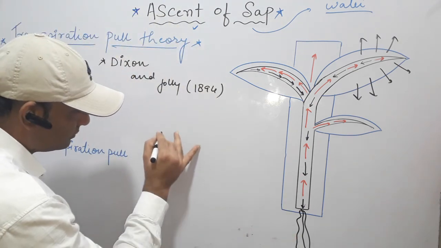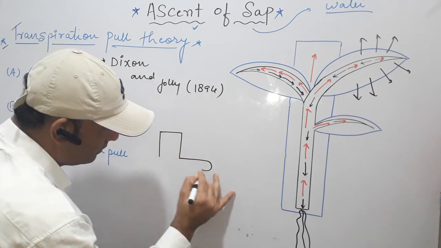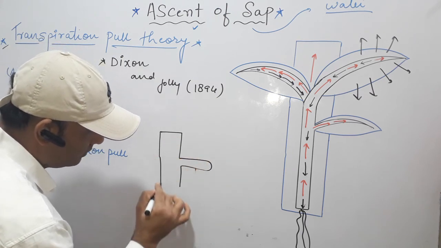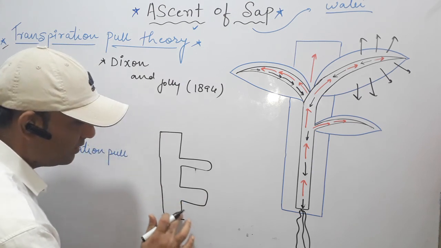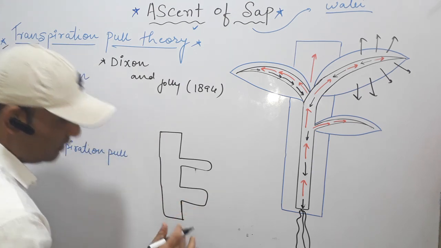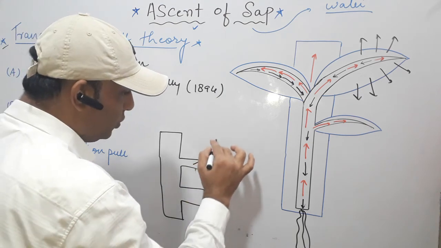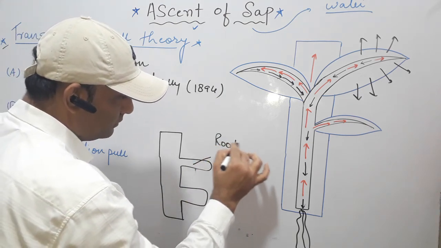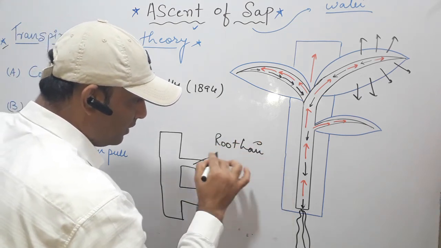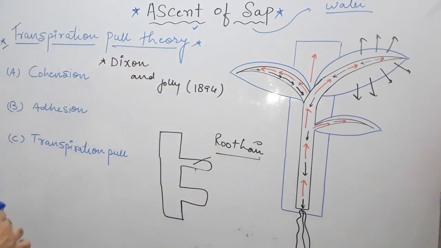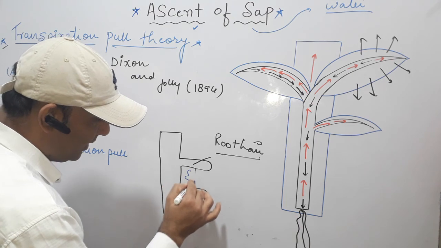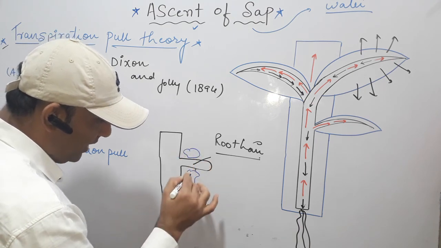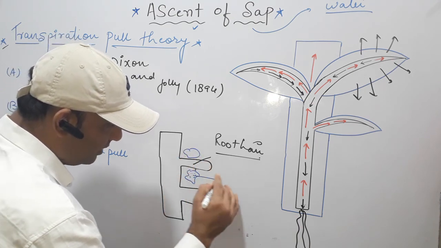We know the root possesses many single-cell structures which are called root hairs, and these root hairs are covered by soil particles, and these soil particles contain water.